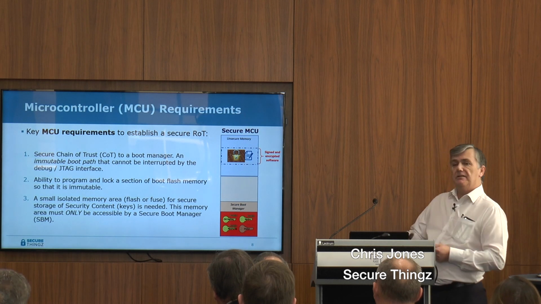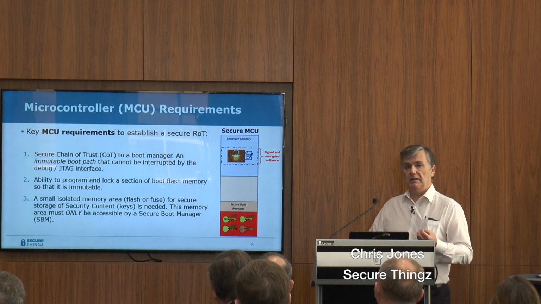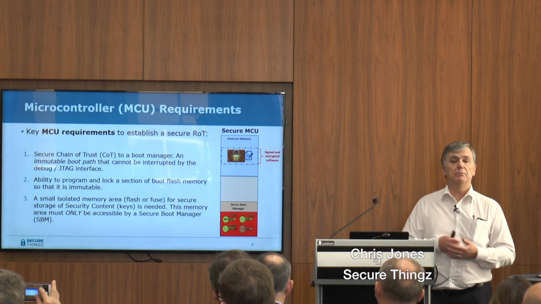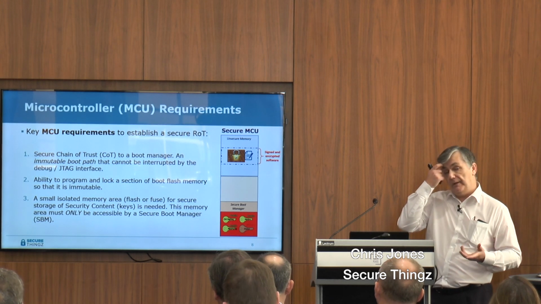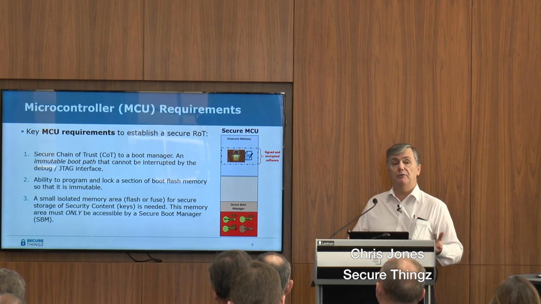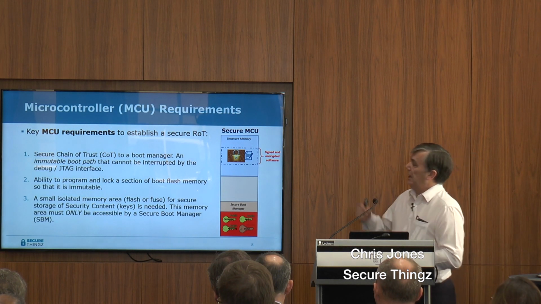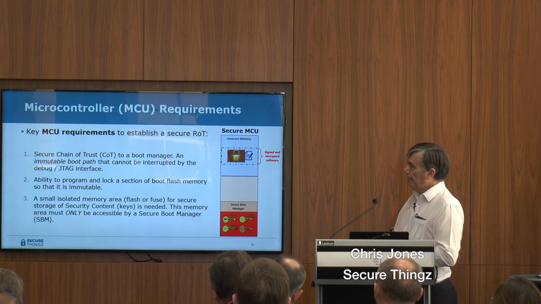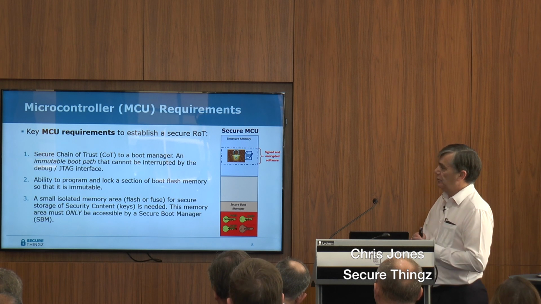So digging down a little deeper now, so we talked about the root of trust. So how do we actually implement this in the actual hardware itself? As designers, you want to go out there and see what microcontrollers are available. You know now what you need to implement, some sort of root of trust. So what do I need to look for in my microcontroller that I'm going to use? So here are 3 important requirements that you should look into. So you need some sort of secure chain of trust to a boot manager.